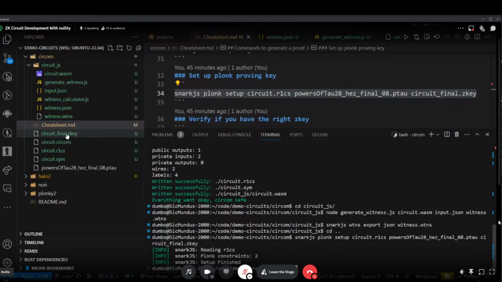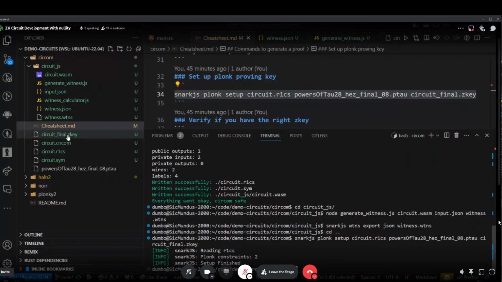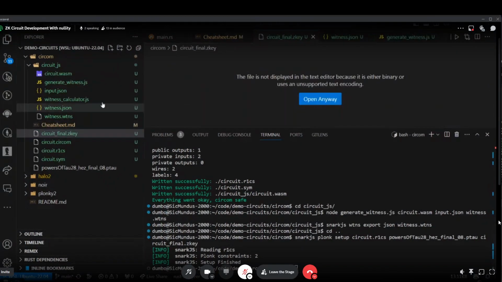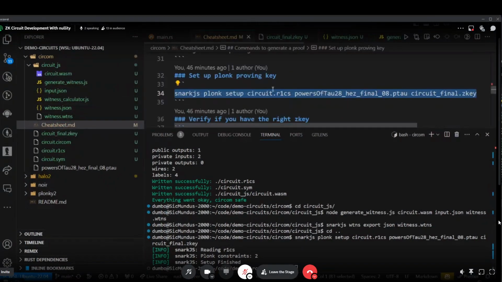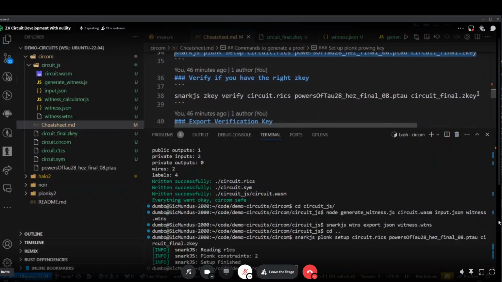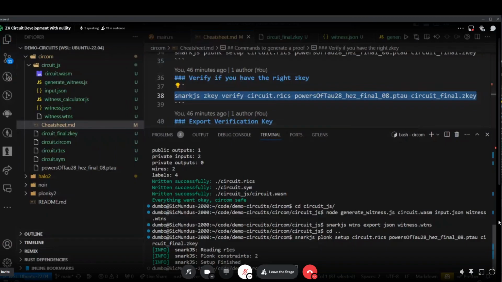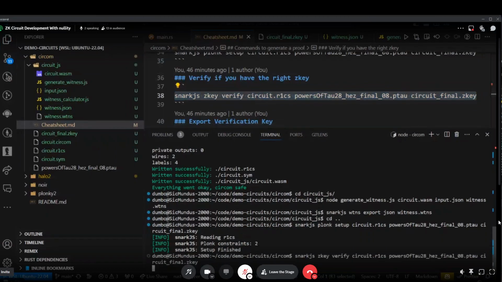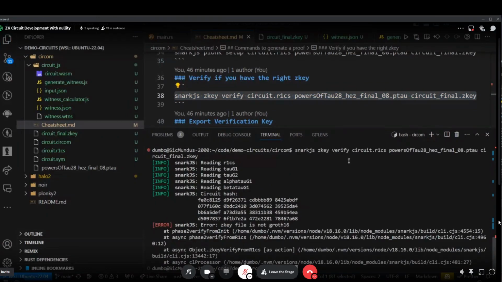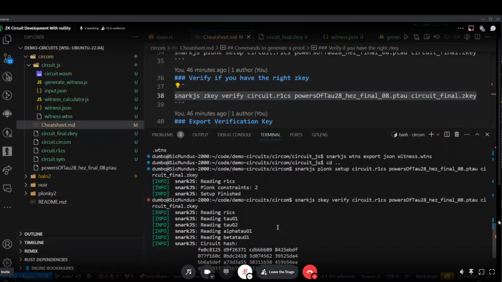So we just generated our zkey. This is like a proving key, and you could verify if you have the right proving key using this command. Oh, the zkey file is not Groth16. What did I do?